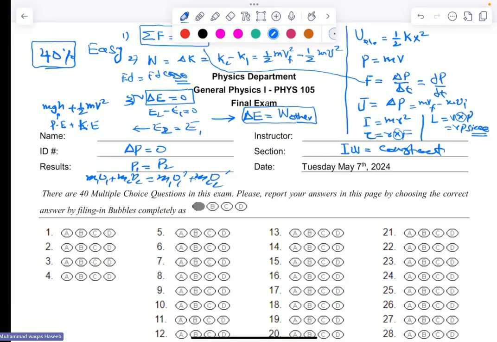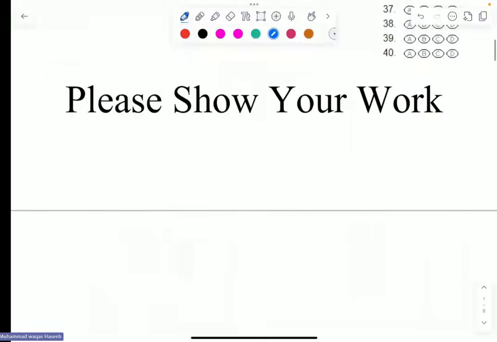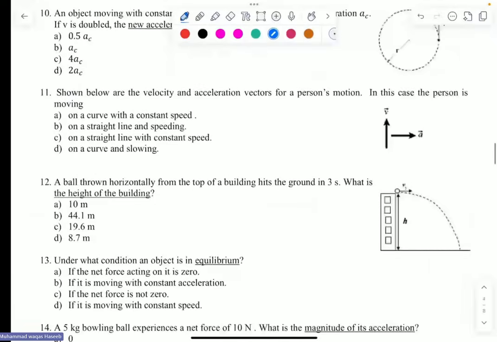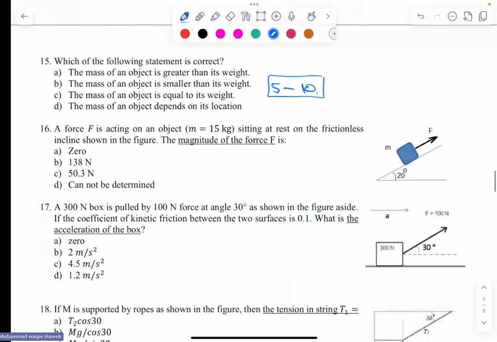These are the most important formulas, but you have a large range of formulas. Every formula is given to you, so we're going to use these formulas and you will get to know. Okay, so let's start from the first question.